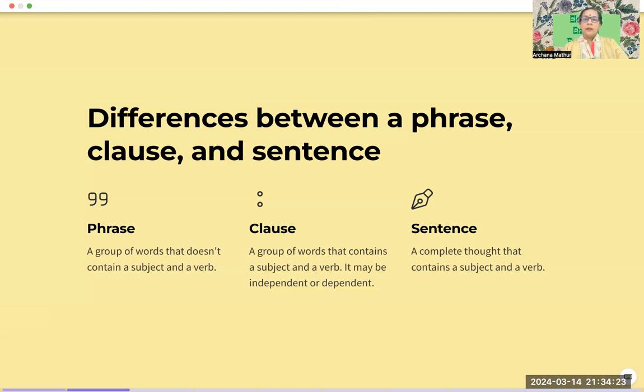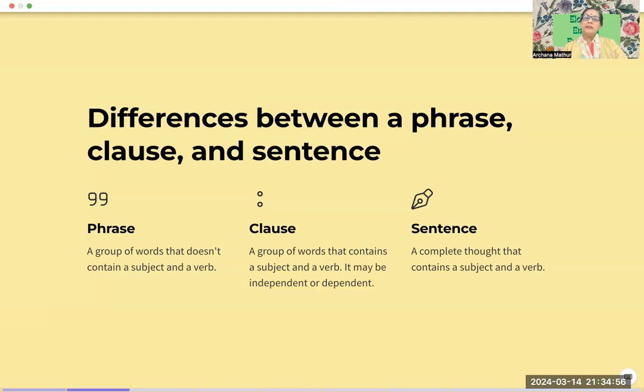A clause, on the other hand, is a group of words that contains both a subject and a verb. It may be dependent or independent. For example, if I say the sun rose, sun is my subject and rose, the sunrise I'm talking about, is the verb. So the sun rose is in itself a clause. But if I want to make it into a sentence, I'll say the sun rises in the east.